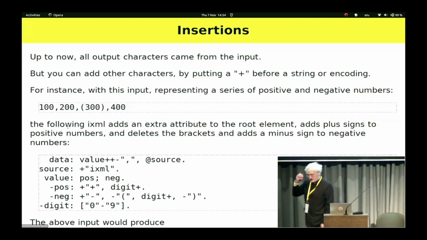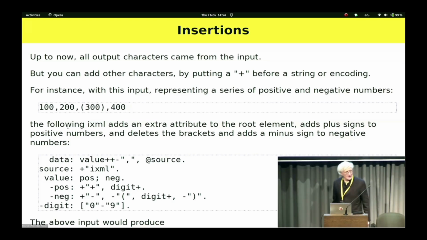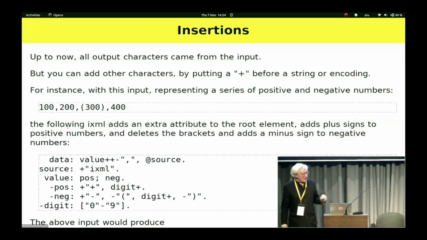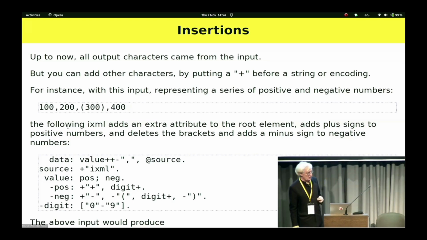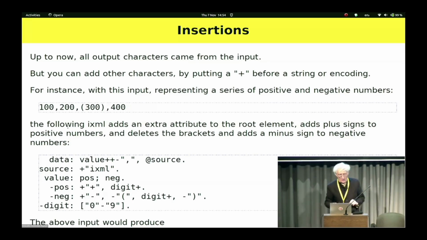This is the last thing you need to know, so I am just going to manage it. All output characters up to now have come from the input, but you can add extra characters by putting a plus before a string or an encoding. So for instance, if you've got this input, 100, 200, brackets 300, 400, where the brackets 300 means negative 300, as in financial reports, then what I'm doing here is, in the negative case, I'm recognizing that it's got brackets around it.